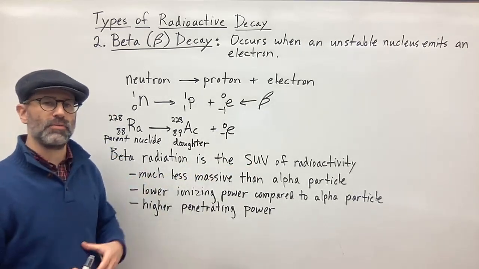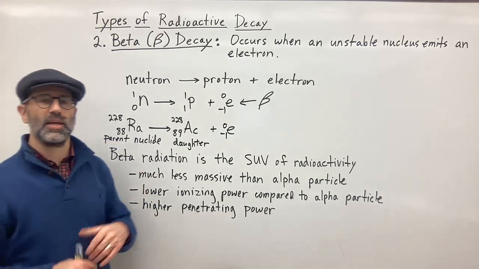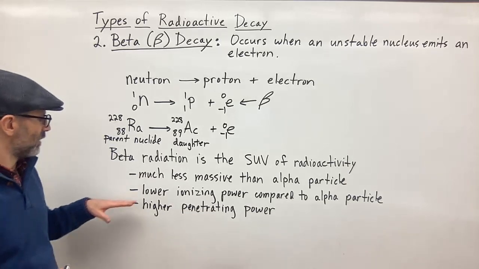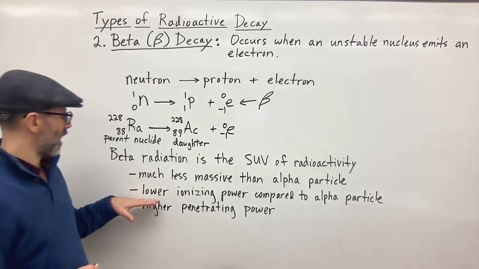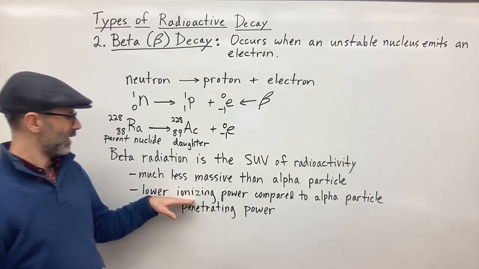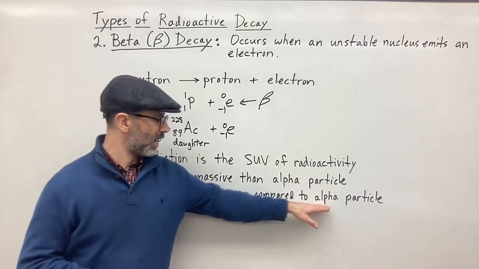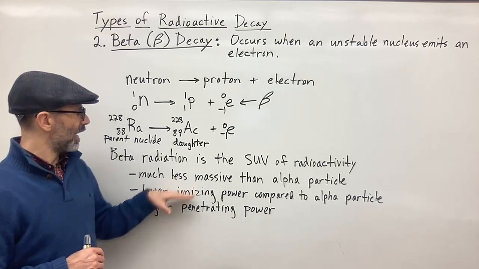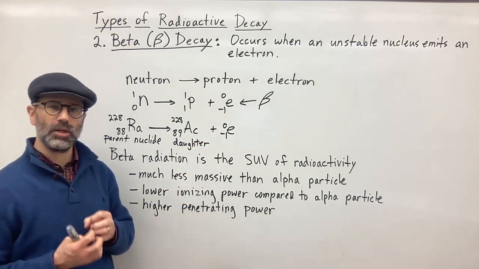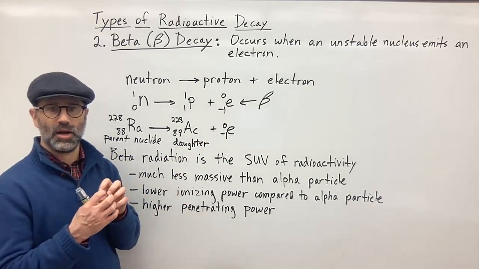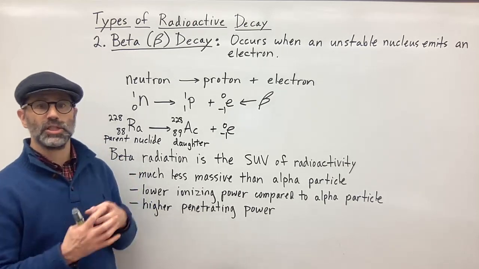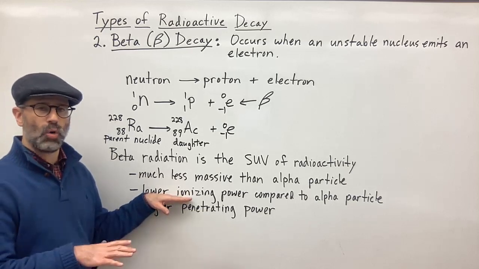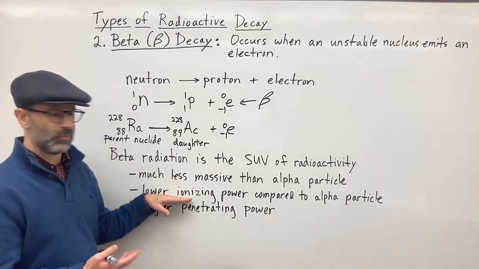The SUV is much smaller than the 18-wheeler, and so we would expect that this particle is going to have a lower ionizing power compared to that of the alpha particle. Again, the electron is much smaller. It has a much smaller charge on it. It's a much smaller particle. So the ionizing power is going to be lower compared to that of the alpha particle.